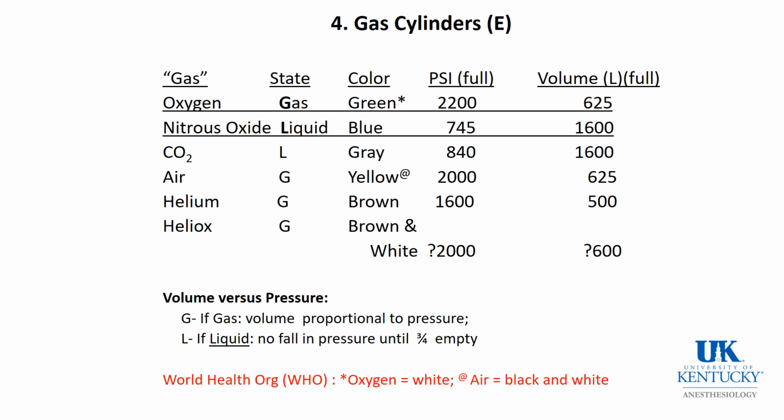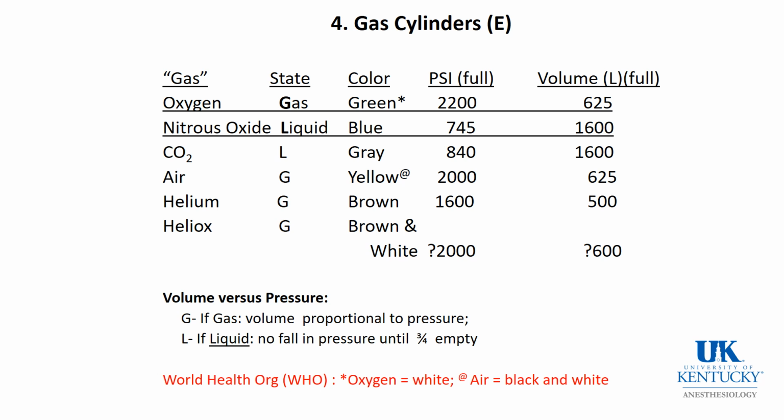I don't think they're putting air cylinders on our machines anymore, but I could be mistaken. Anyway, in America, the oxygen cylinders are green. In Europe, oxygen is white, and nitrous oxide is blue.